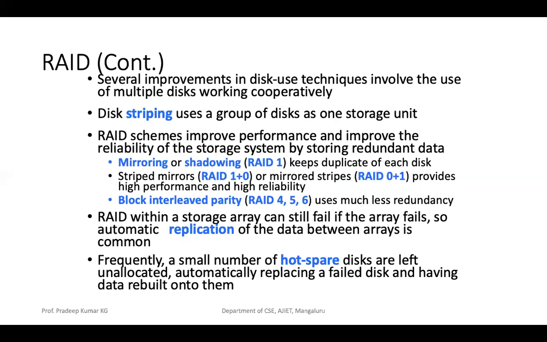Striping is used for a particular group of disks as one storage unit. Similarly, we can have mirroring. It is something like copy and paste, Control A, Control C, Control V: you're copying your selection and pasting it, so you're supposed to follow either source formatting or destination formatting.